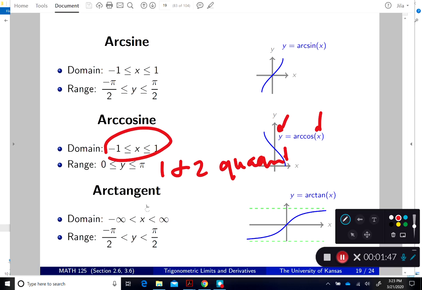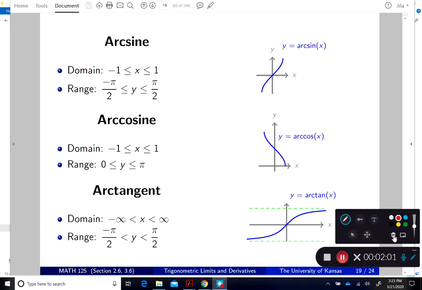For tangent, the output of tangent is between -infinity and +infinity. So the input of arctan is between -infinity and +infinity. This is because the arc functions, arctan, arcsine, are inverses of a piece of their trig functions.